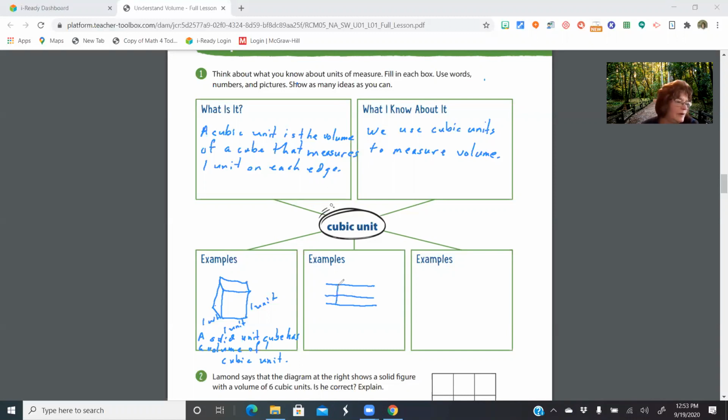I'm going to go 1, 2, 3, 4, 5. Okay, now if I go like this, and this, and this, and then this cubic unit.